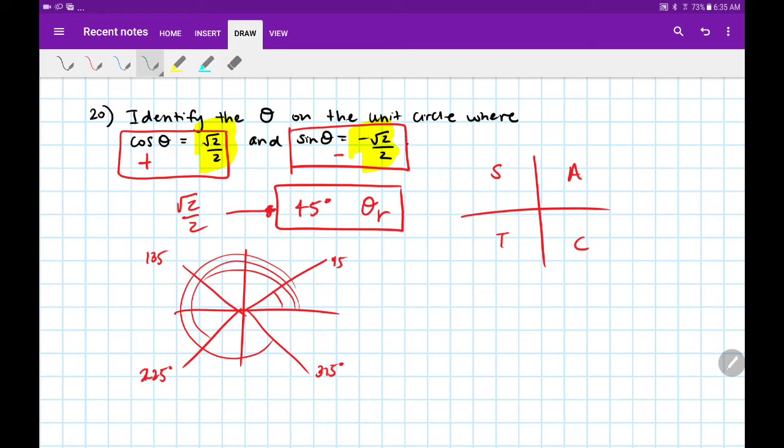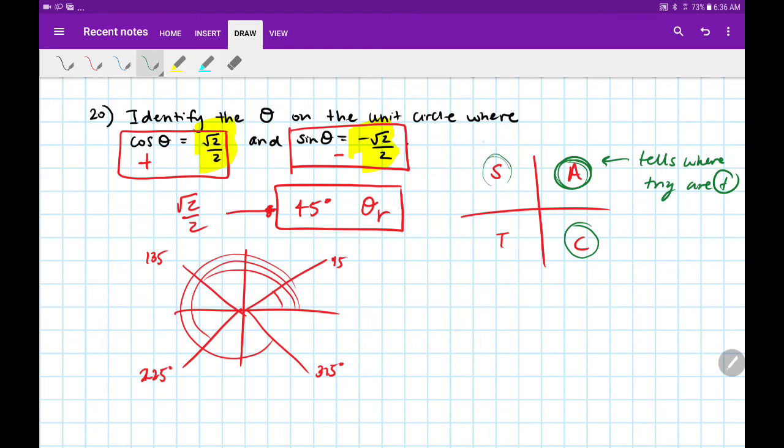So I'm going to first start with where cosine is positive. Cosine is positive in quadrants 1 and quadrant 4. Because this tells me where the trig functions are positive. So all of them, sine, cosine, tangent, are positive in quadrant 1.